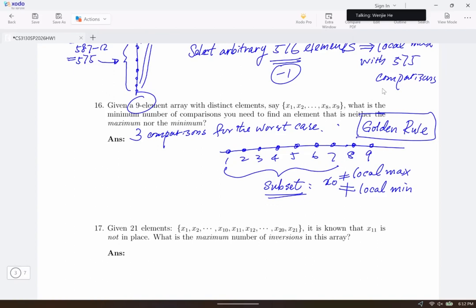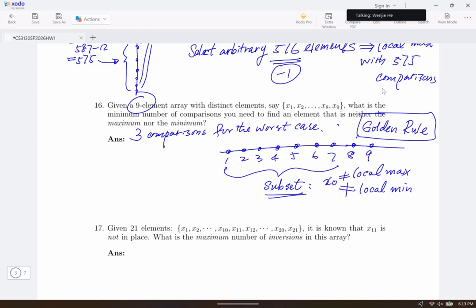Can we say this x0 is also a solution of the original set, the whole set? That means x0 is not the global maximum, and it's also not the global minimum.